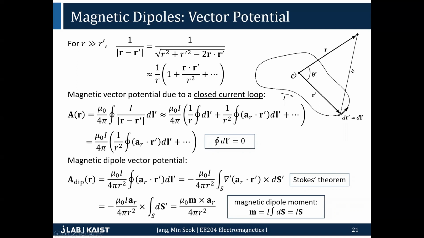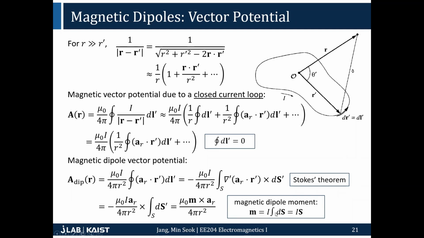If we do that and do some mathematical work, we conclude that A of a small loop can be written as mu0 m cross r-hat divided by 4 pi r squared.